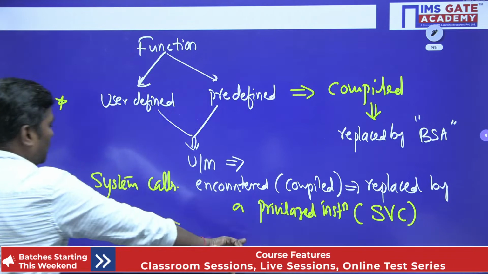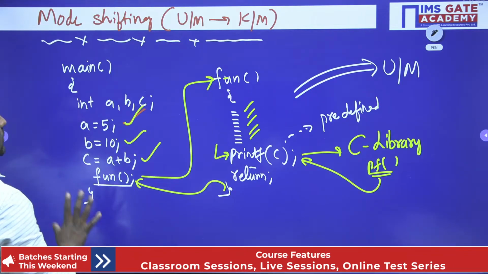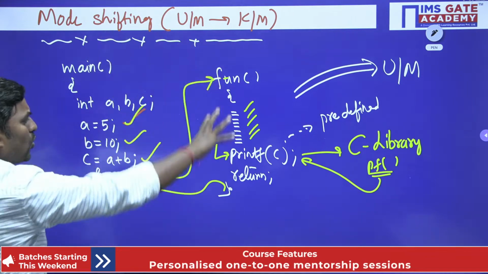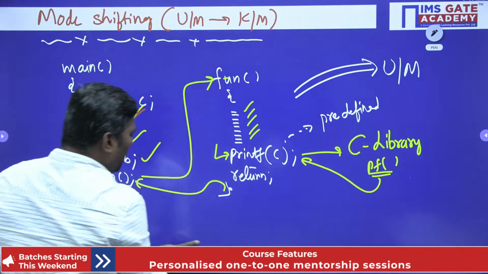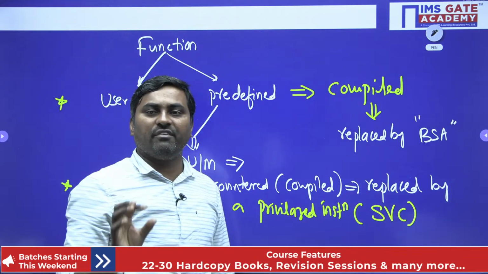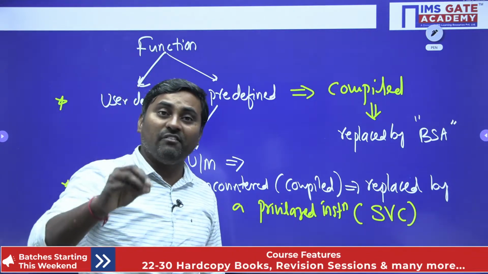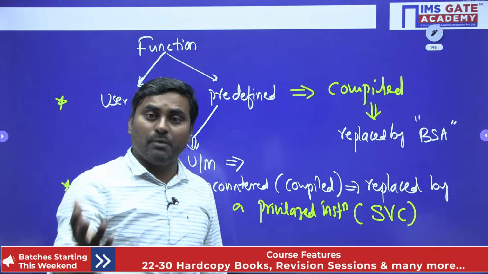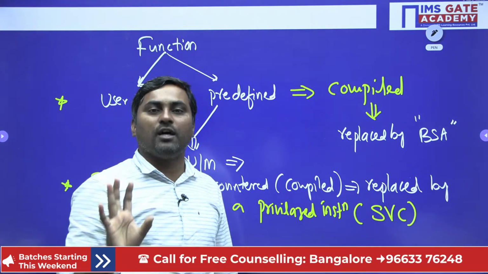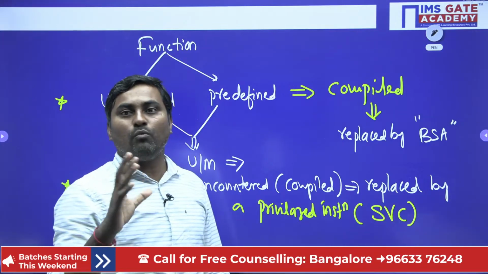So from this mode shifting, as I mentioned, very simple things. The normal code I gave will run in user mode only. But what is the conclusion? Wherever you define user defined or predefined functions, they will run in user mode only. But when you compile, they are replaced by BSA, because that will be resolved by the linker only, since as of now I don't know where they are.